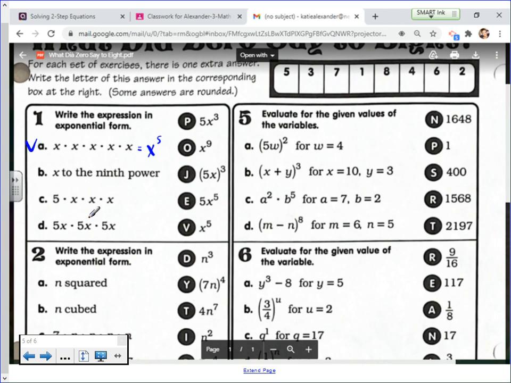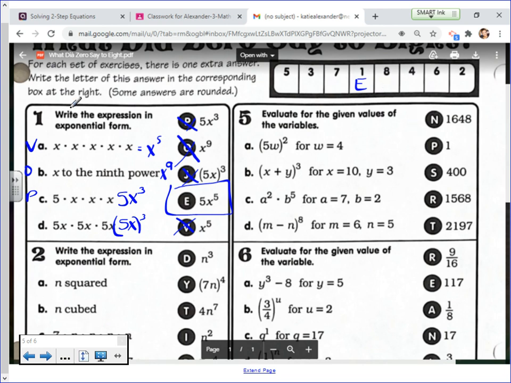So A is V. X to the 9th power would just be x raised to the 9th power, which is O. This one, you have a 5 out front and then you have 3 x's, so 5x to the 3rd power, which is P. This one, you're taking 5x times itself 3 times, so you're going to put that in parentheses and raise that whole thing to the power of 3. So the one that is left over is E. So when you look at your boxes at the very top, you're going to put E in box number 1.